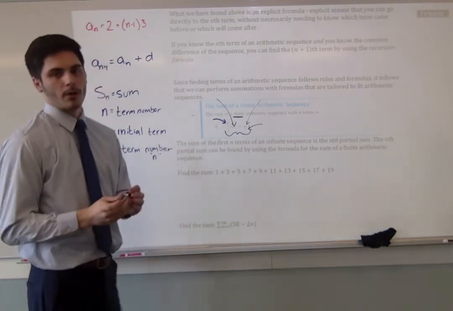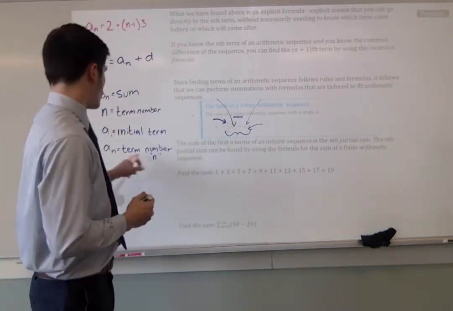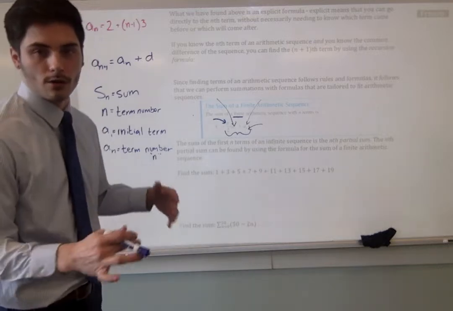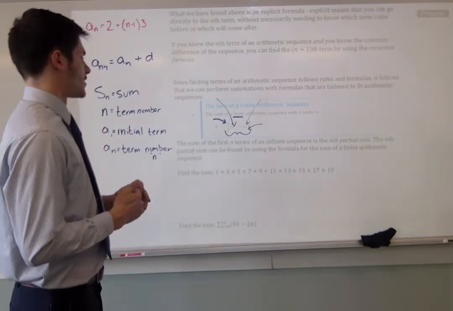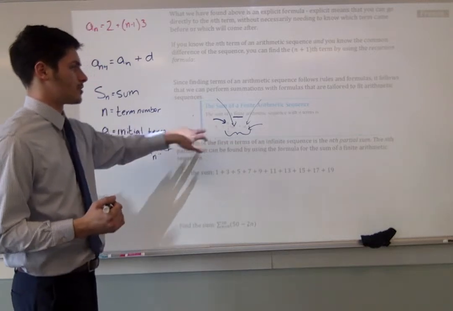I'll call it term number n. So if we substituted a number in for n, we would have term number 8, or term number 3, or term number 1 million. And that's how we could generalize that and find the sum of a finite arithmetic sequence.